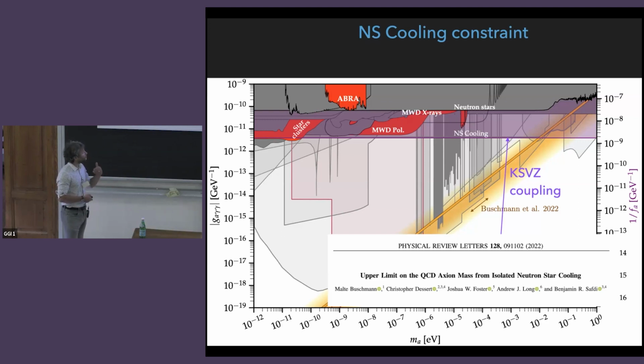But then between, as you say, the top of MADMAX and where these stellar cooling constraints are coming in, there's a gap, and that's another gap that needs to be closed. We have experiments that are going to cover this entire mass range, except for that gap. And that's an interesting gap that we should also be thinking about how to cover, ideally without making too big of an assumption about the dark matter, because it might not be dark matter at those masses. Yeah, good point.